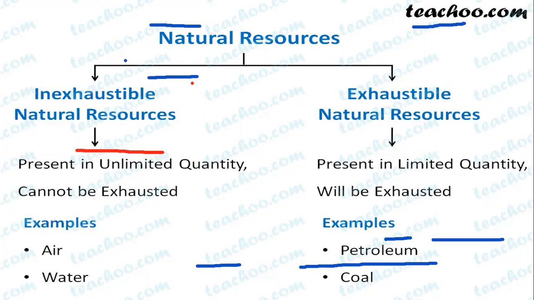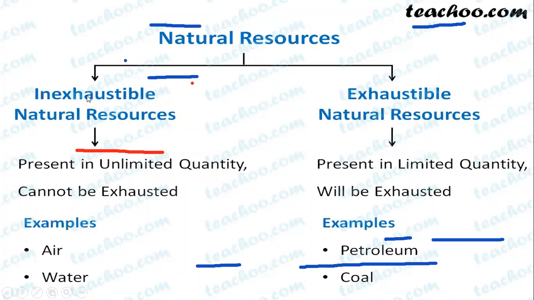Yes, ma'am. Okay, natural resources means naturally we are getting some resources like air, like water, like coal, like petroleum. These are called natural resources. These natural resources are divided into two different groups, inexhaustible natural resources and exhaustible natural resources.